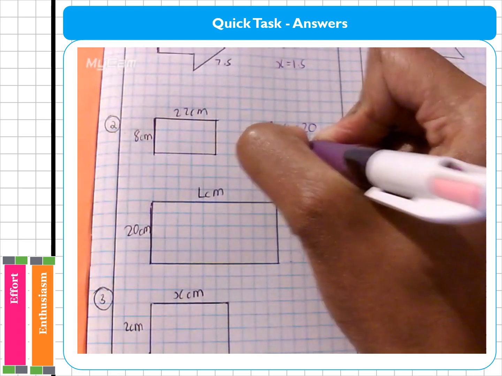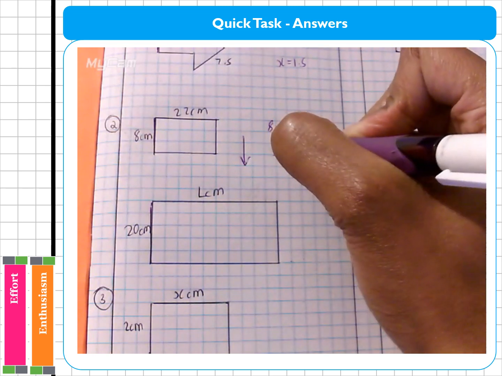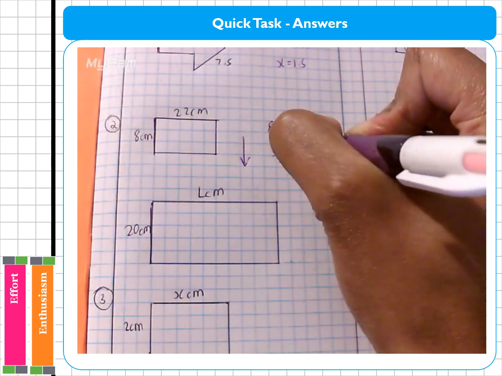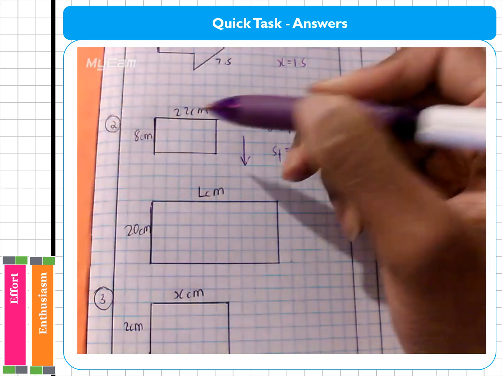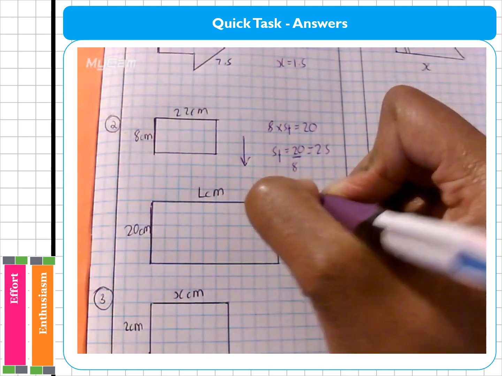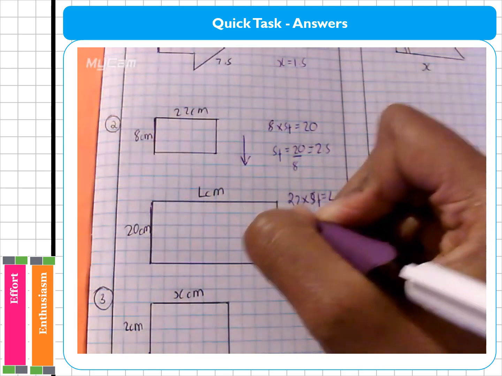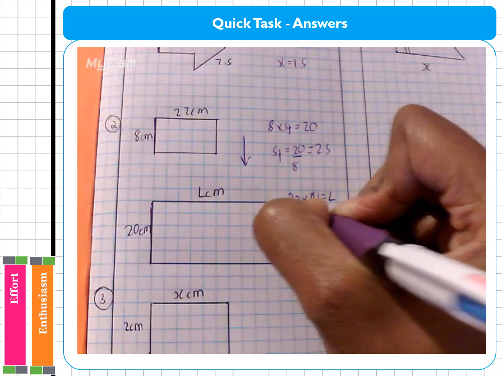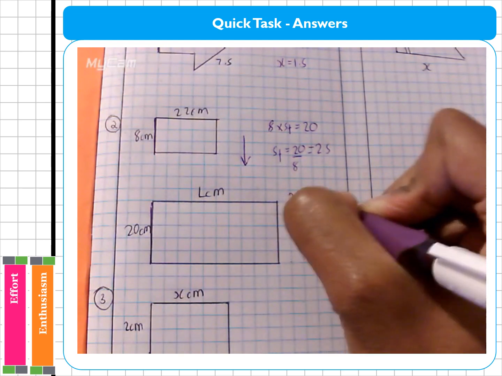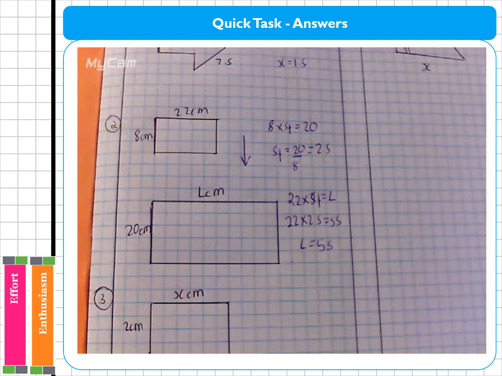So my scale factor is 20 divided by 8, which gives me an answer of 2.5. Having a look, I've got 22 in L, which means that 22 times my scale factor must give me L. 22 times 2.5 gives me an answer of 55, which means that L is equal to 55.